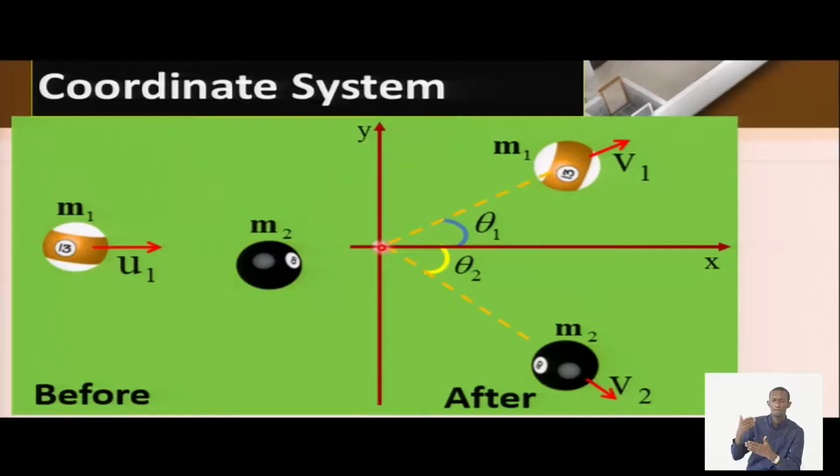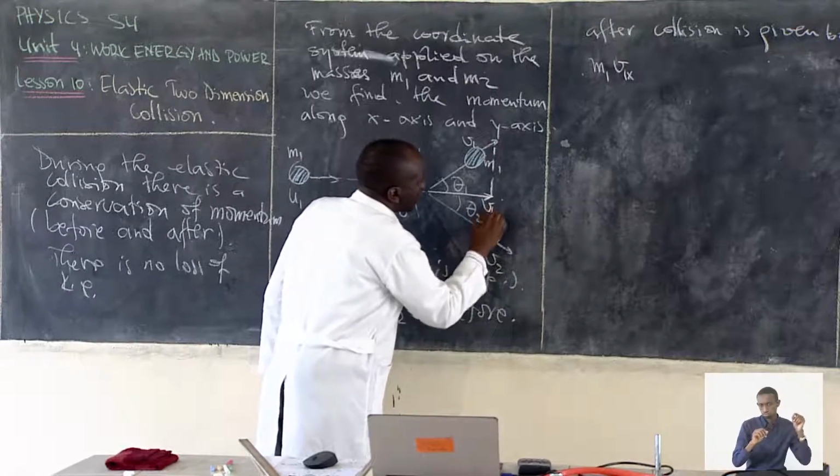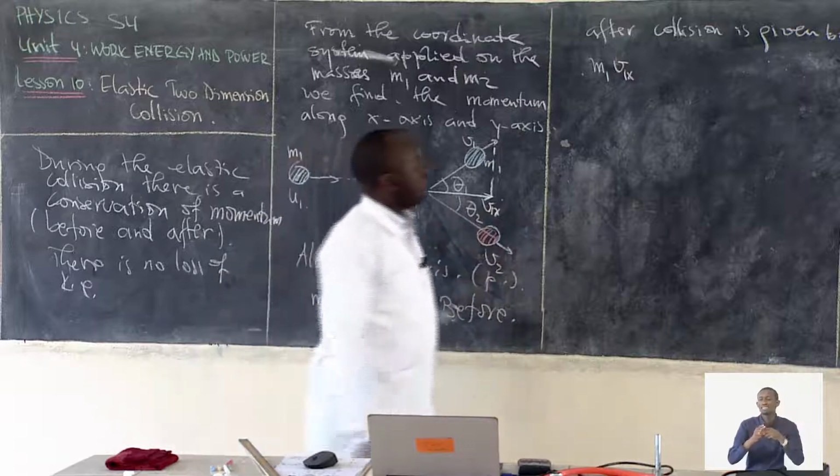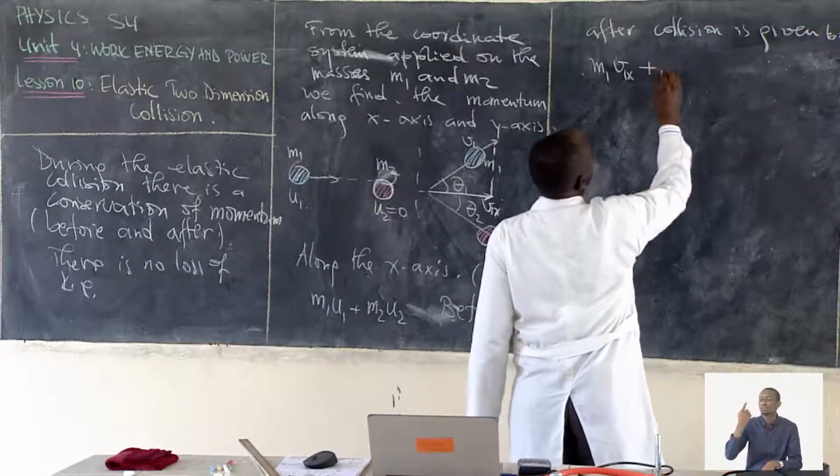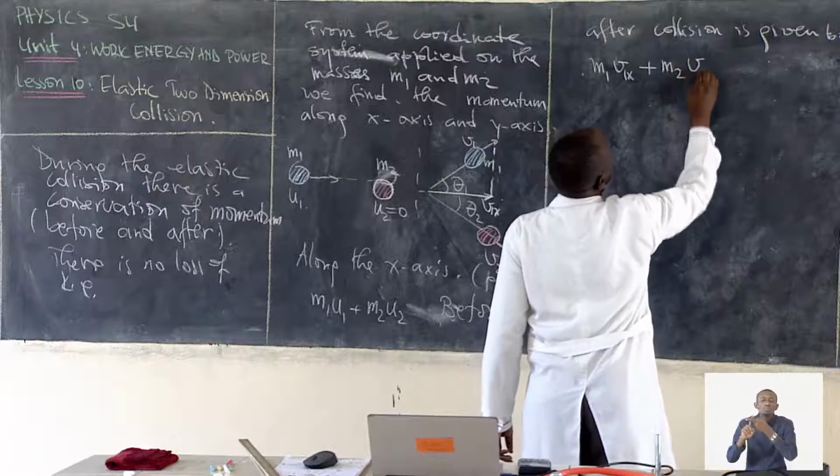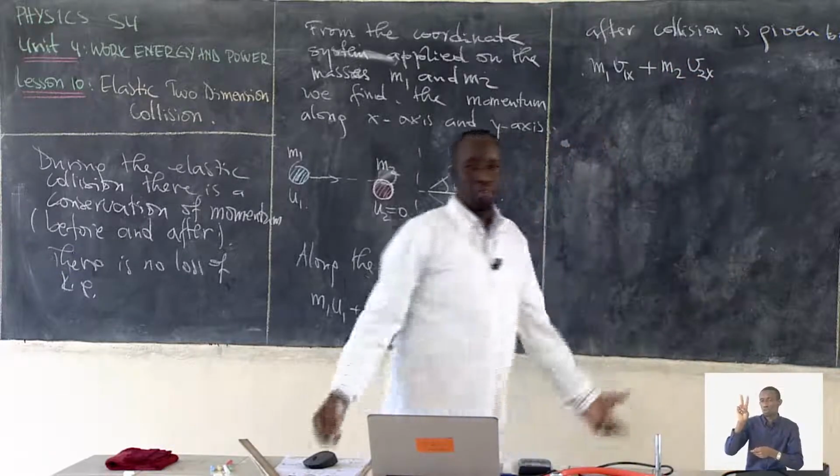We have the line from here up to the point where we have joined this one, and from this point up to that one we have a component along the x-axis. You remember that. So the line that is drawn gives us the component, which we call V1x, plus M2 V2x. This is what we have.